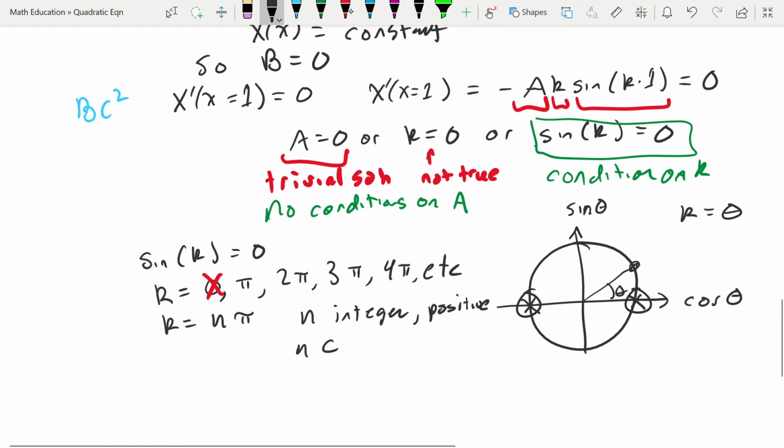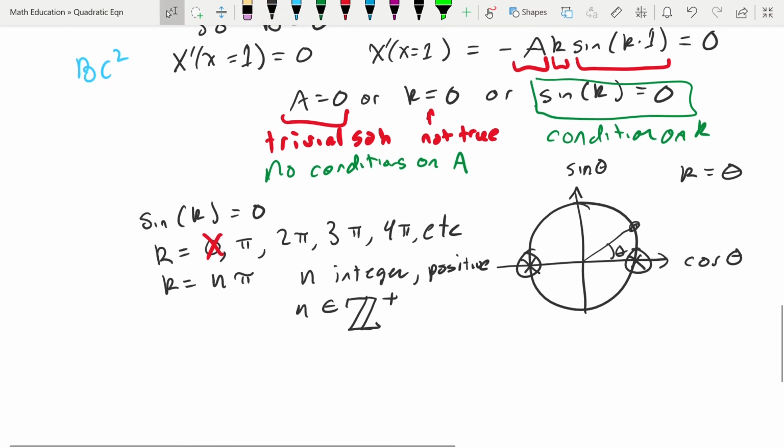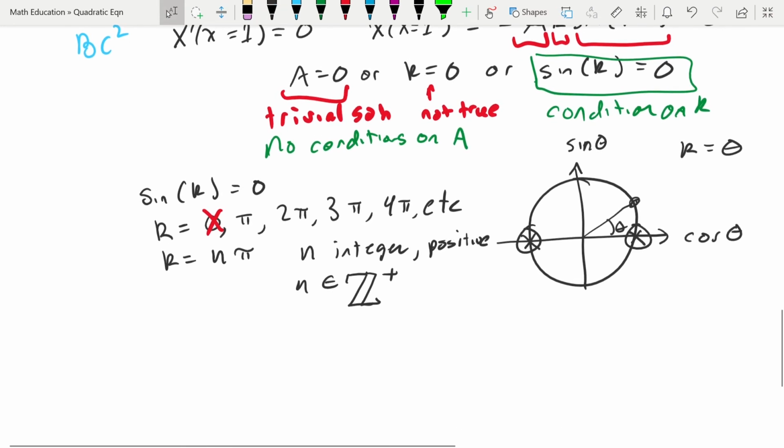Or if we want to be fancy, we draw that with a little symbol there. That's just a snazzy way of saying that n sits in the set of positive integers.